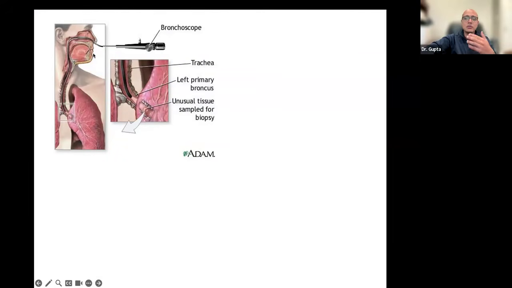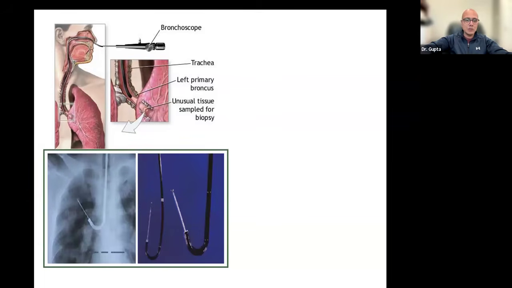Sometimes we intubate the patients, meaning put them under general anesthesia, and through that endotracheal tube, this scope goes in, goes down your airways. We look at the airway mucosa or the wall of the airway. How does it look? We go inside the deeper parts of the lung, we put some saline, take it back, send it for testing. Many times we grab a biopsy for looking under the microscope as well.